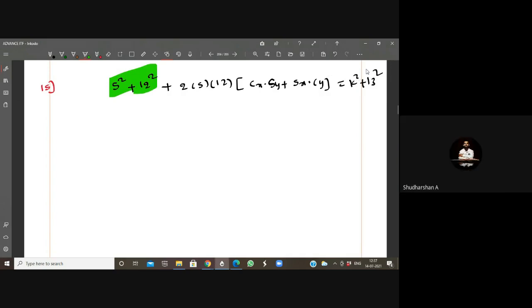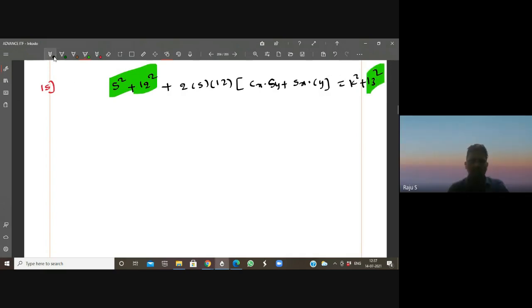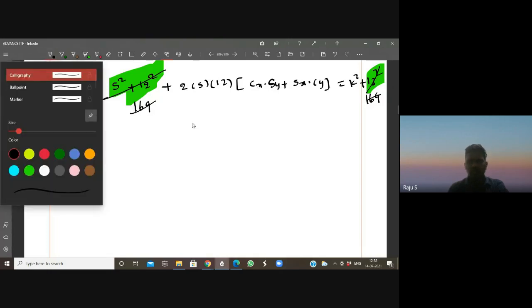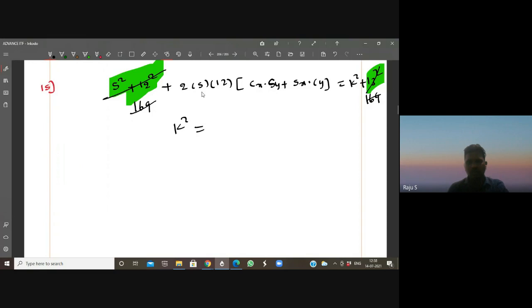Get it, 5 square plus 12 square, how much? 169. This is clearly 169. 13 square also 169. Shall I cancel these two directly? So then what about k square? K square is equal to 10 into 12, 120.